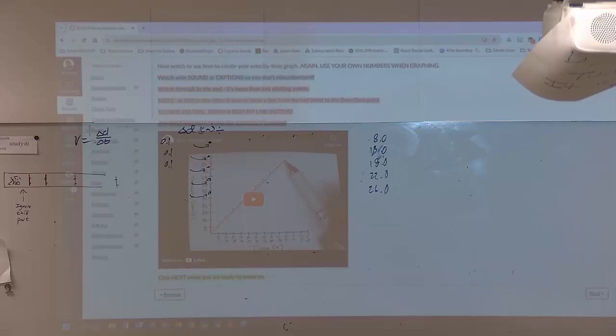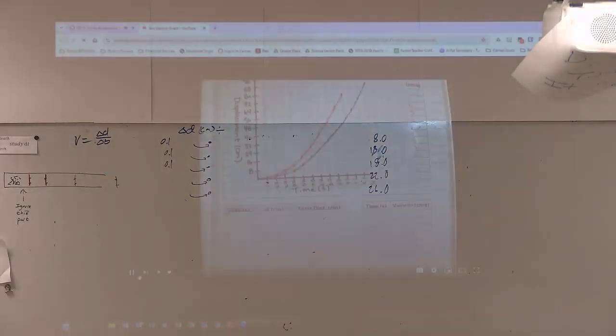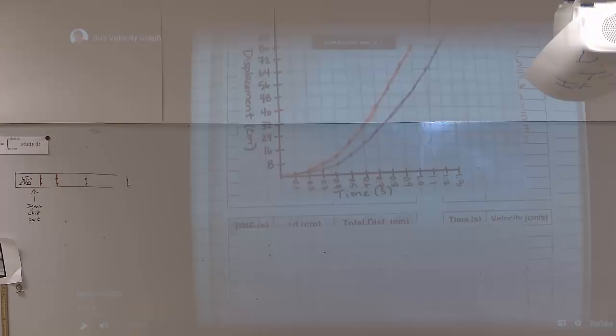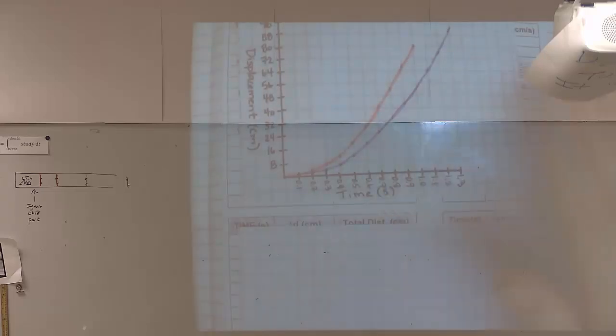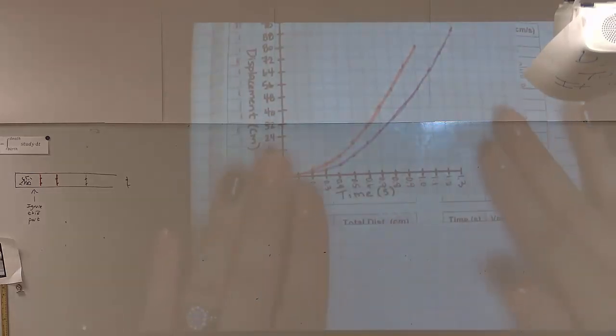So if you just look above the video, you should be able to see some of the changes there. This video starts off showing you how to scale your graph, and there are no changes there. You should be scaling your graph the way it says in the video. But when it comes to drawing our line, there will be differences. I'll tell you those when we get there.